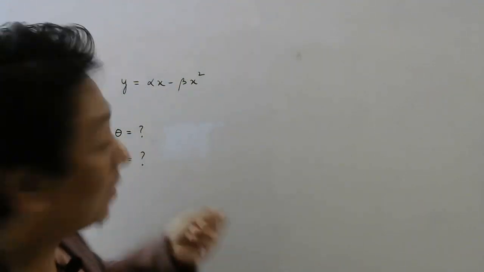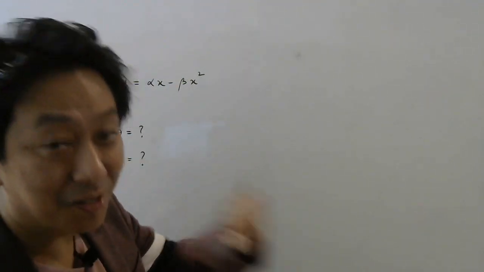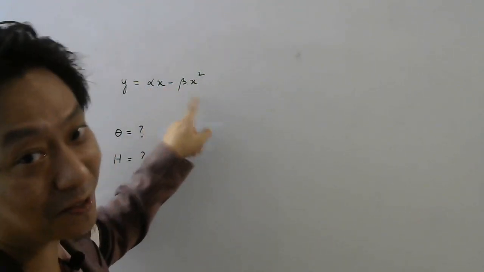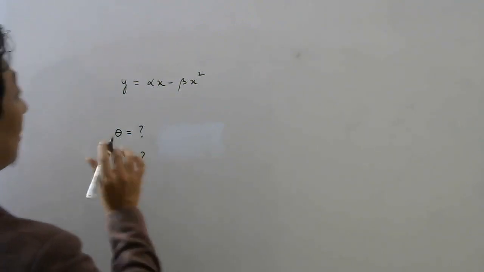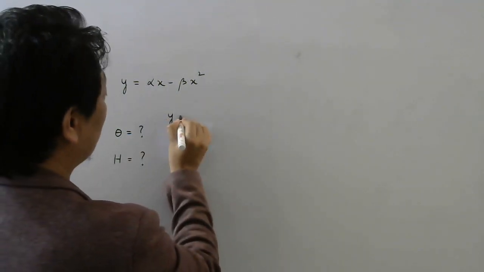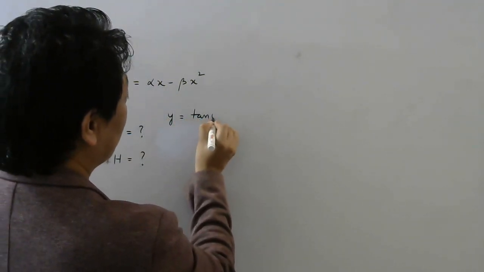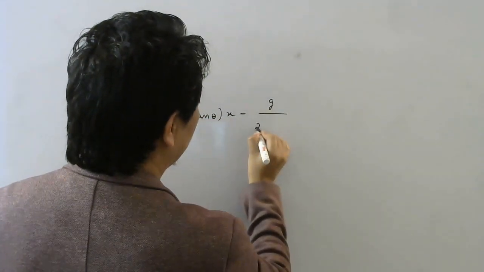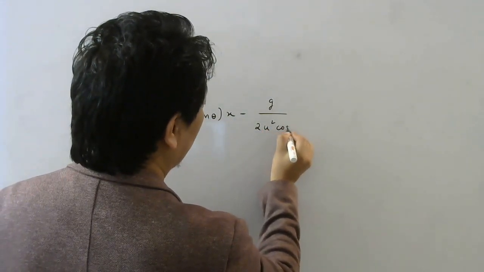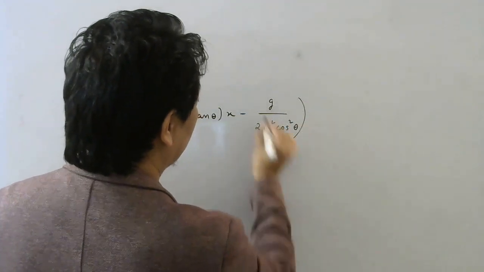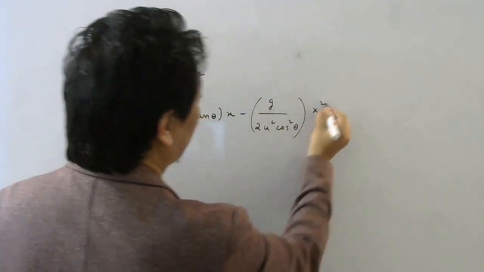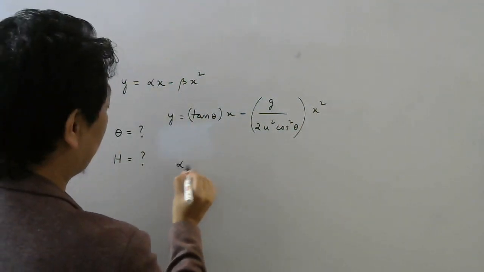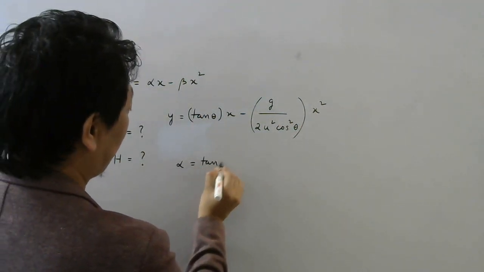Now when we wrote our equation in the discussion of the theory, I wrote here ax minus bx square. Okay. Now how to find theta? Well, compare this formula with our standard equation: tan theta x minus g by 2u square cos square theta times x square, isn't it? So if you compare these two, it is very clear that alpha will be tan theta.